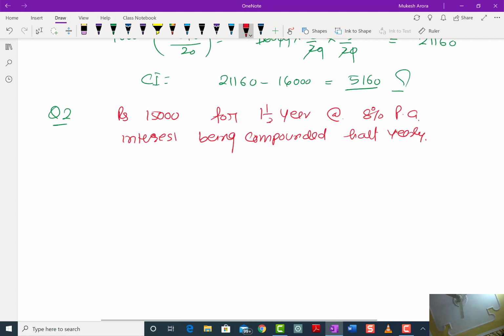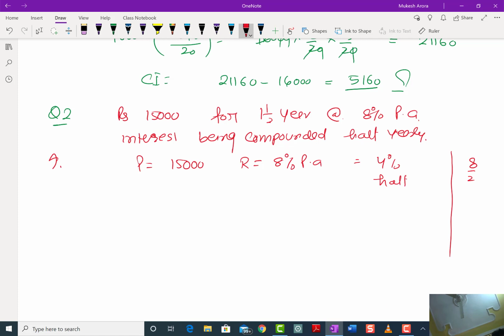Now here you have to be careful. Principal is 15,000, rate is 8% per annum, for the whole year, but you have to compound it half yearly. So in 1 year you have 2 half years, so divide the rate by 2: it will be 4% half yearly.